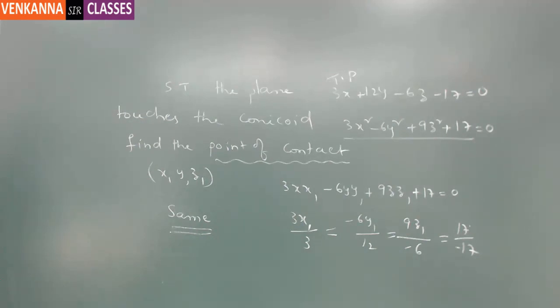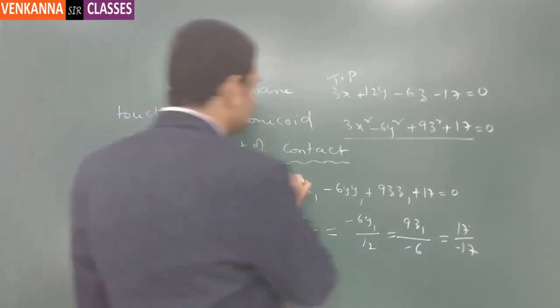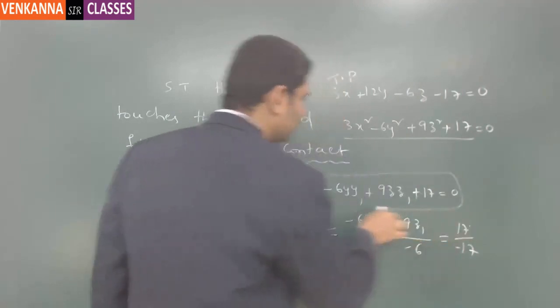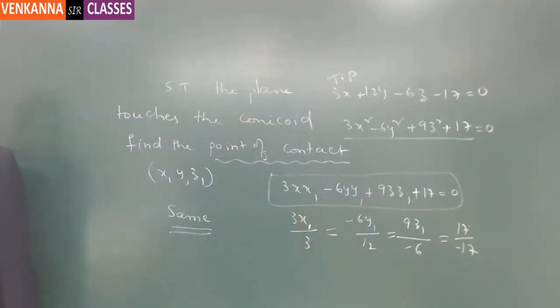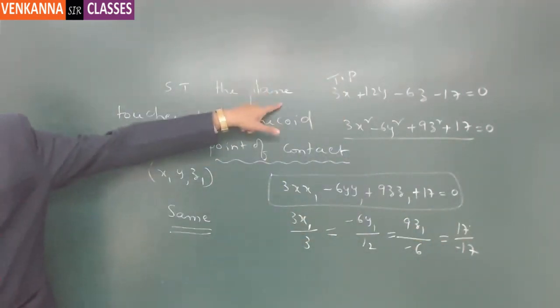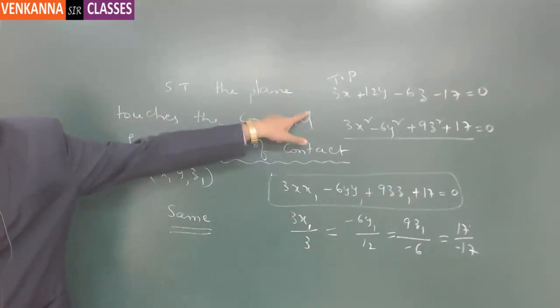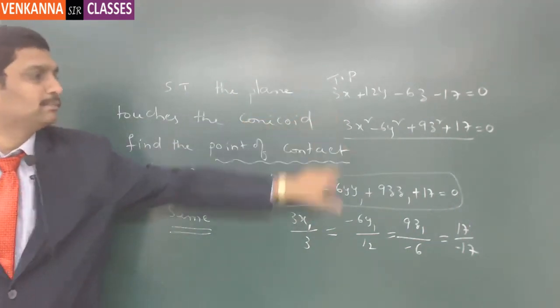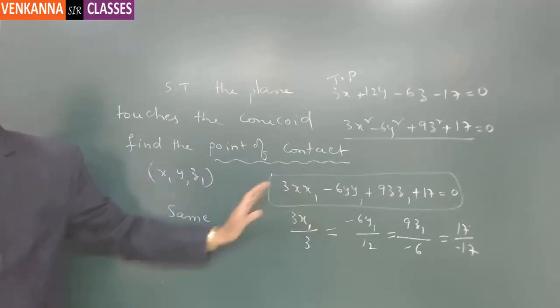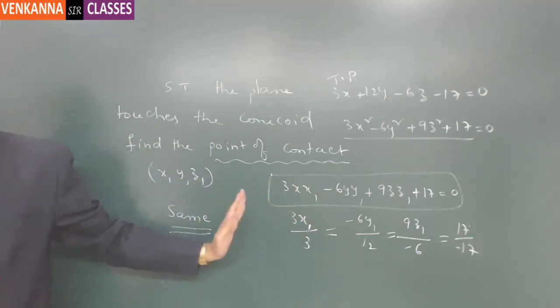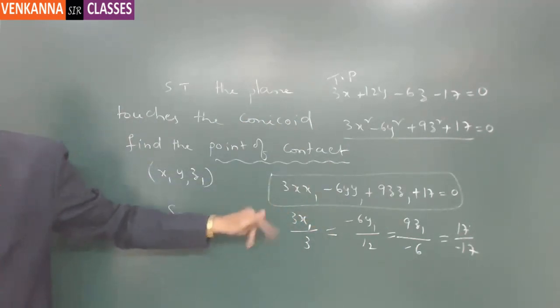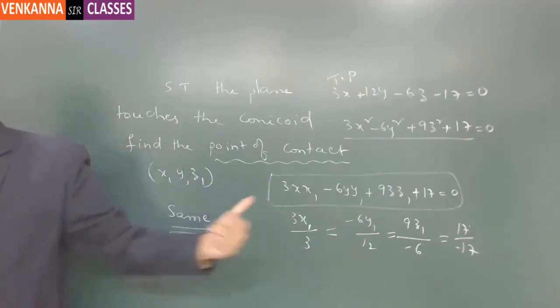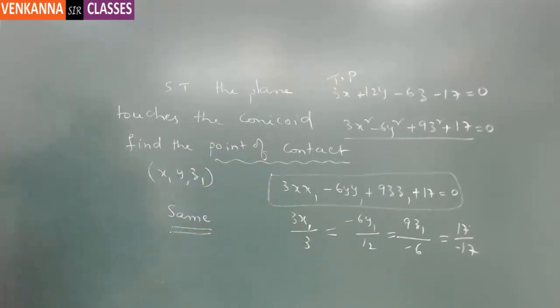What we have done actually is write the tangent plane equation for the conicoid. If the given plane is also a tangent plane, these two must be same. In other words, they must have the same coefficients. So equating the coefficients, you will get the respective values of x1, y1, z1. That is the idea.